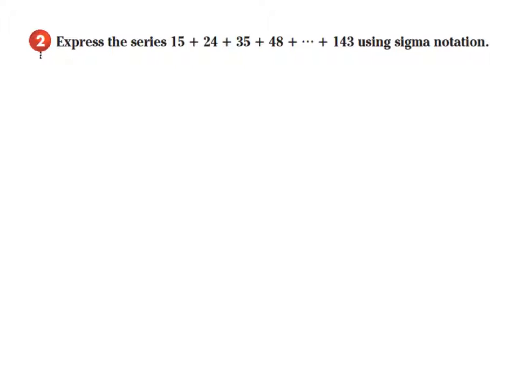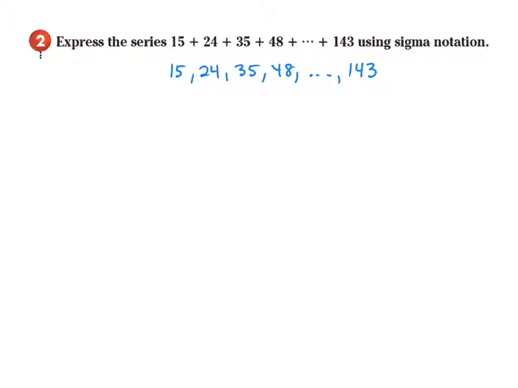Express the series 15 plus and so on, all the way up to 143, using sigma notation. So we have all of these values, 15, 24, 35, 48, all the way up to 143.